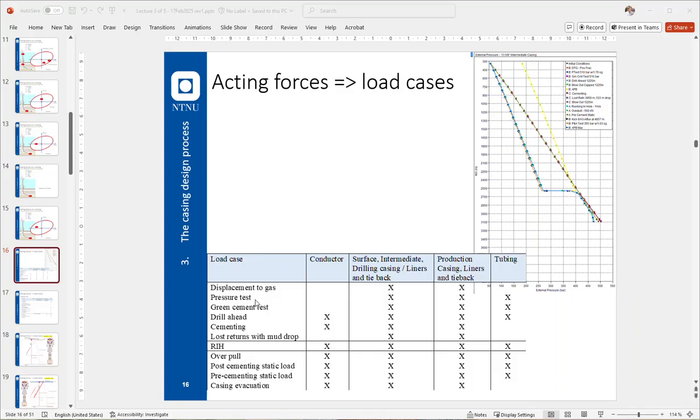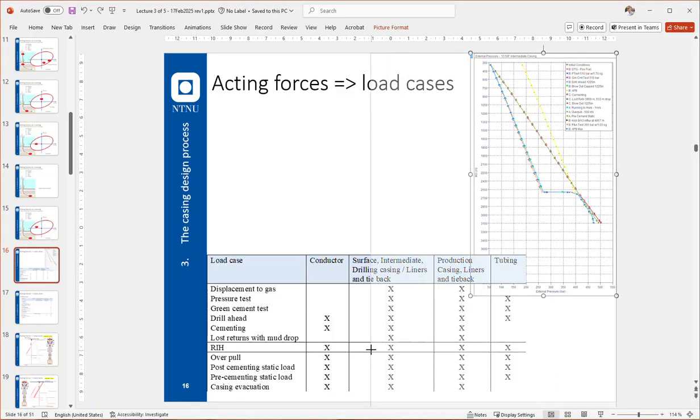We do all our analysis and see what the different loads are. We can again have a quick look at the inserted plot up to the right. We see where all the different pressures are going.